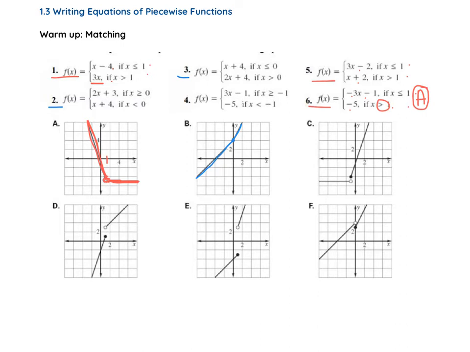So let's see which linear function should be correct. If we notice, both of the linear functions have a y-intercept of 4. 2 has a first piece with a y-intercept of 3, and the second piece has a y-intercept of 4. But because these both have y-intercepts of 4, B must be number 3.